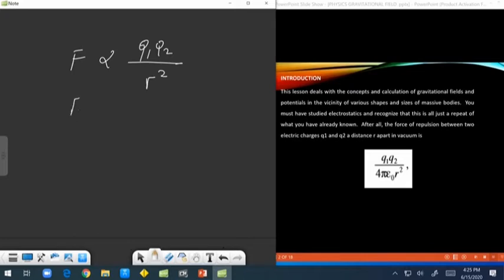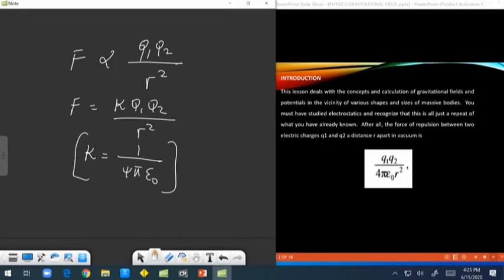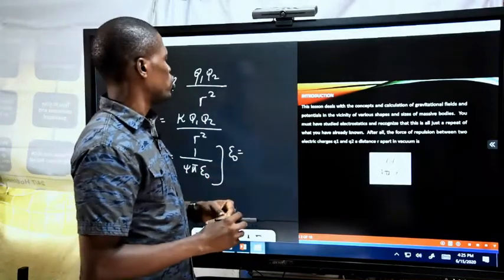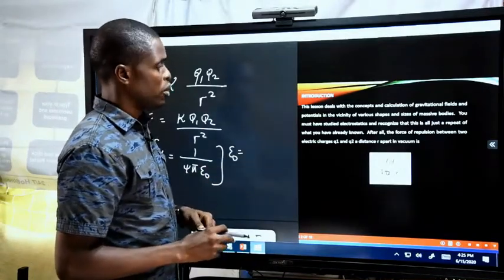So we can have this F equal to K Q1 Q2 over R squared, where K is a constant, and the K constant is given as 1 over 4 pi epsilon 0, where epsilon naught is the permittivity of free space. So this is what you have done in the previous class.